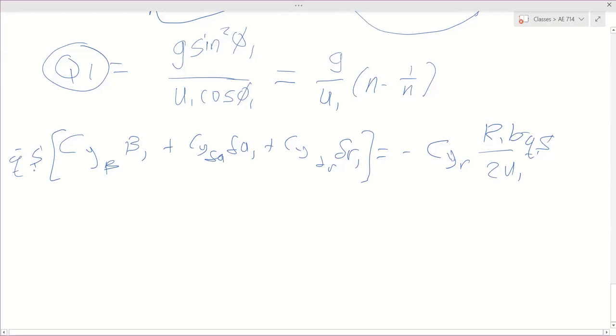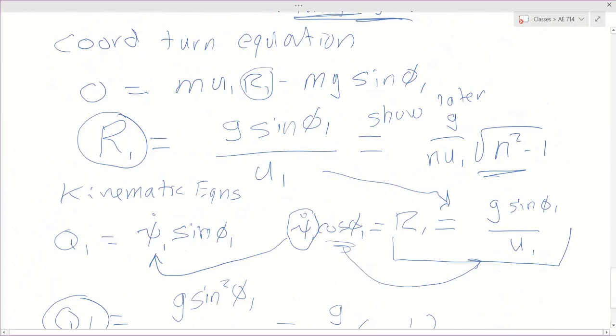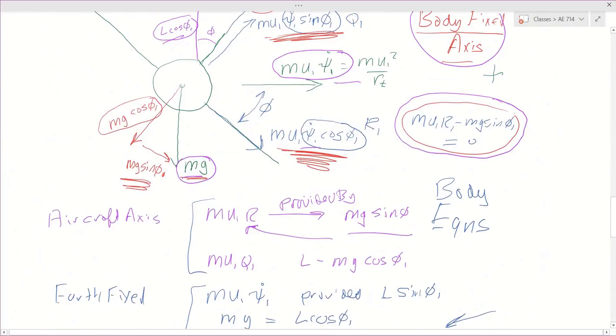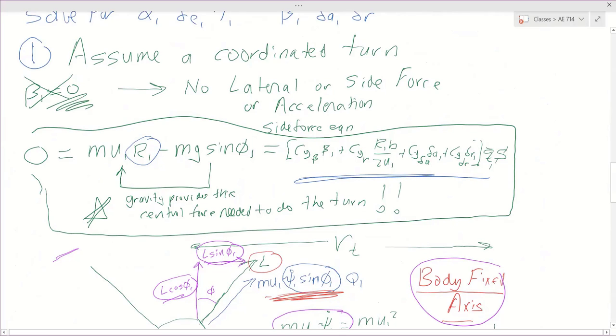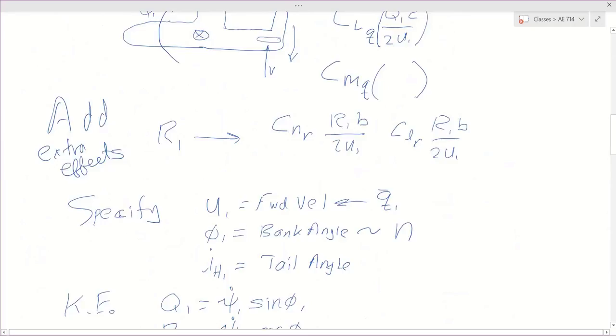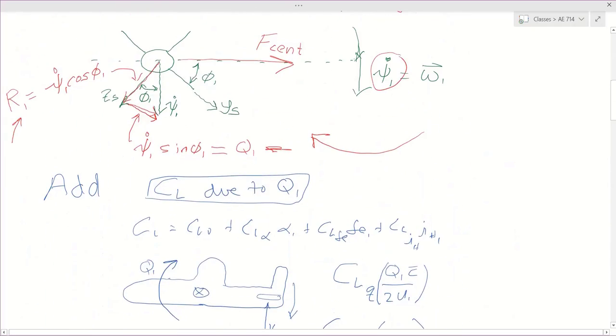So that's the right side of the coordinated turn equation, or it's the side force equation. This comes from the lecture last time. Let me scroll up and see if I can find it. Again, that comes from this part, which came from... keep going backwards.